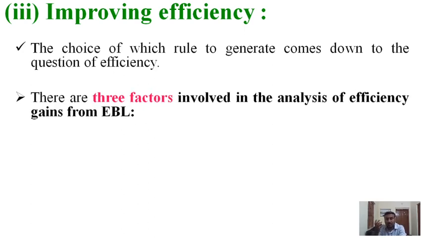Why? Because whatever rule you generate, it must be efficient. There are three factors involved in the analysis of efficiency gained from explanation based rules. For the rules developed with the help of explanation based learning, to find out if they are efficient or not, we have three factors.